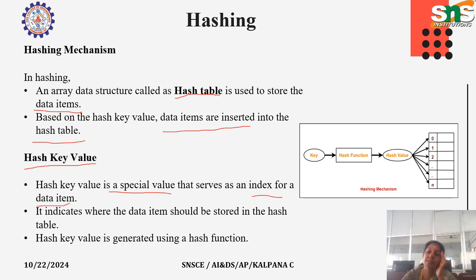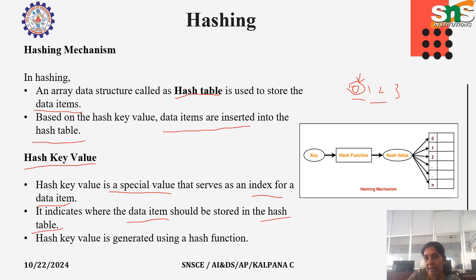When you consider an array, you have an index: 0, 1, 2, 3. This index is the position where we are going to store the data. Likewise in hash tables, we have indices. The hash value provides this index to store the data elements. It indicates where the data item should be stored in the hash table.